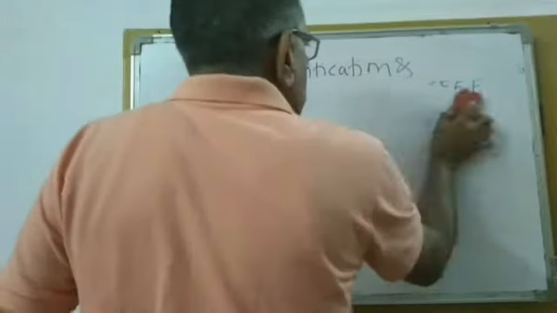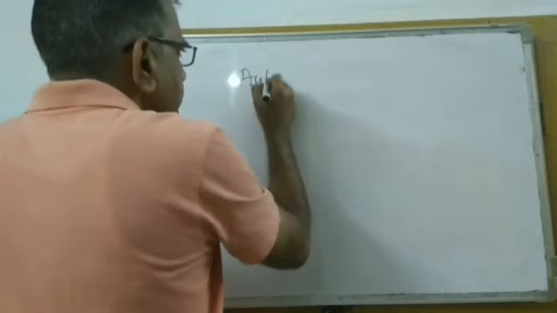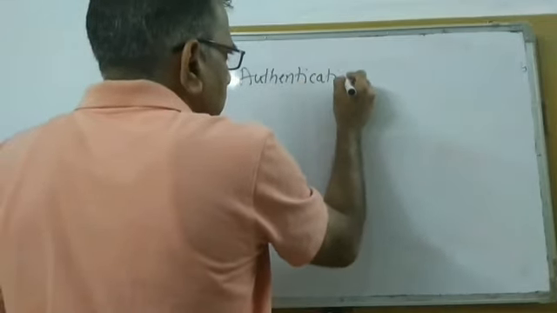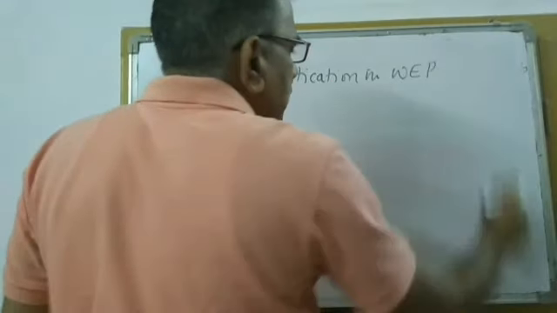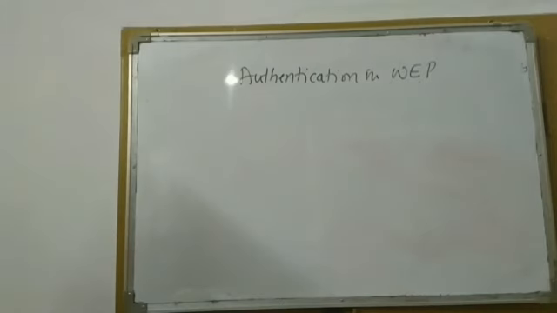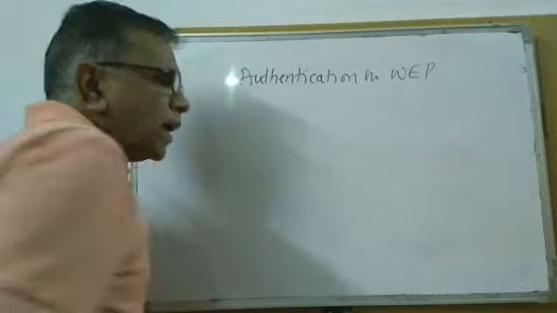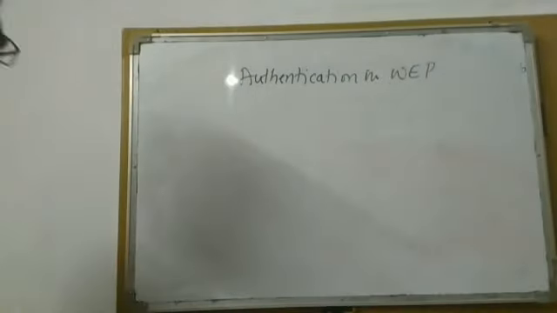Before going into this discussion, I just wanted to highlight what we have discussed: authentication in WEP, wired equivalent privacy. In the last class I told you how the station and the AP authenticate with each other.